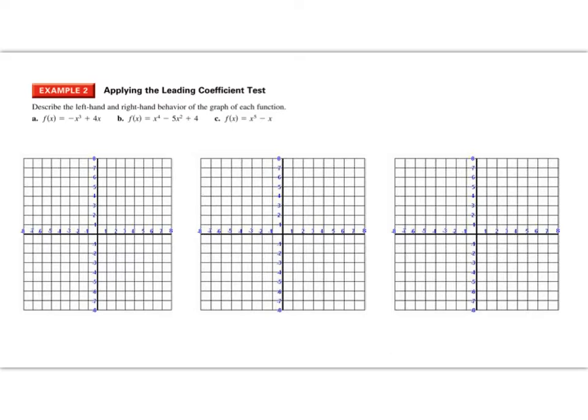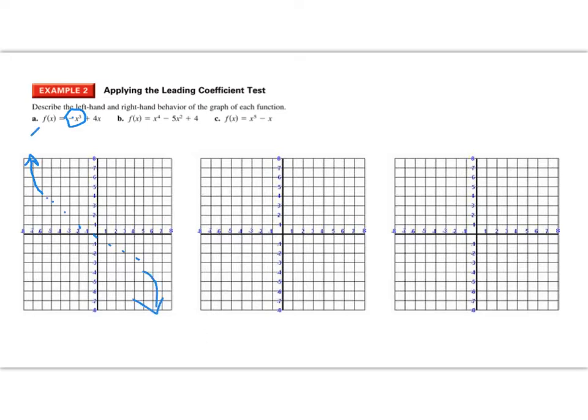This one has an odd degree, and because it's odd, it's going to look like a stretched out S. And then it's negative, so instead of going from the bottom to the top, it's going to go from the top to the bottom. So really all I'm worried about is this part here. There's something going on in between.